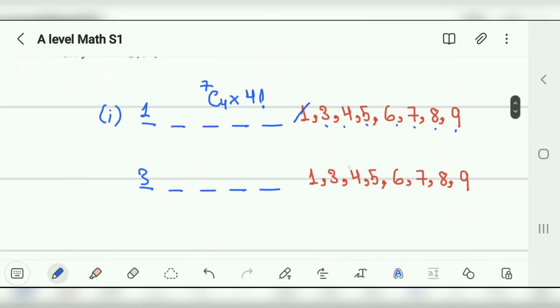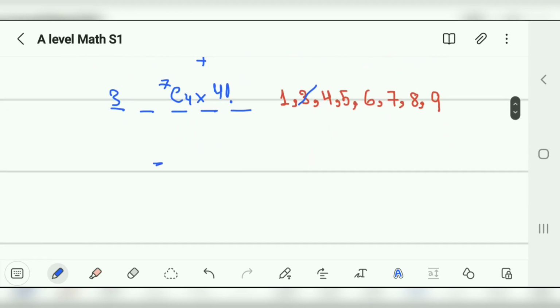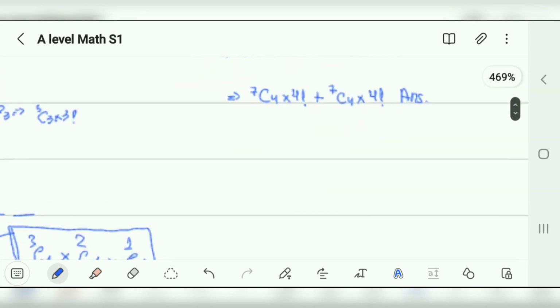Same thing here, 7C4 multiply by 4 factorial. And then we add them. So the answer is 7C4 multiply by 4 factorial plus 7C4 multiply by 4 factorial. This is part 1. Now let's do part 2.